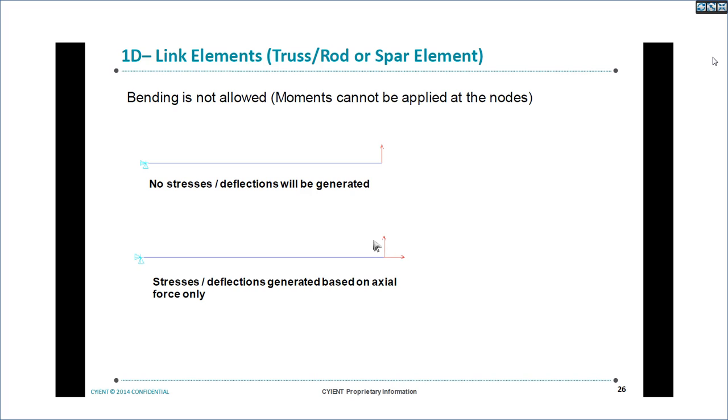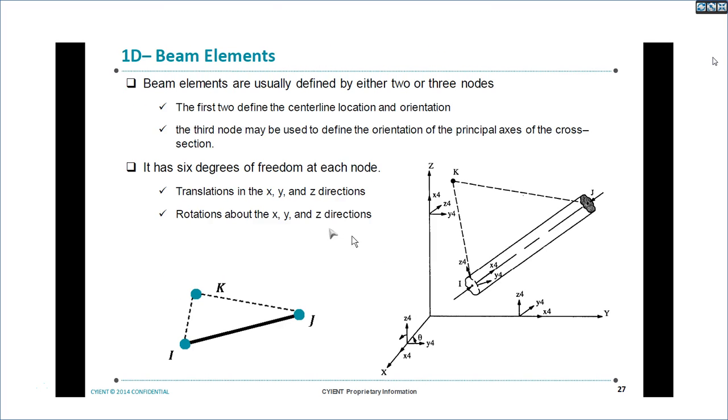The bending load will be completely neglected. So that is the reason it is very important for us to understand what type of loading is there in the component and what type of elements can be used to apply the loads. So the type of loading is very important to select the modeling approach and element types.